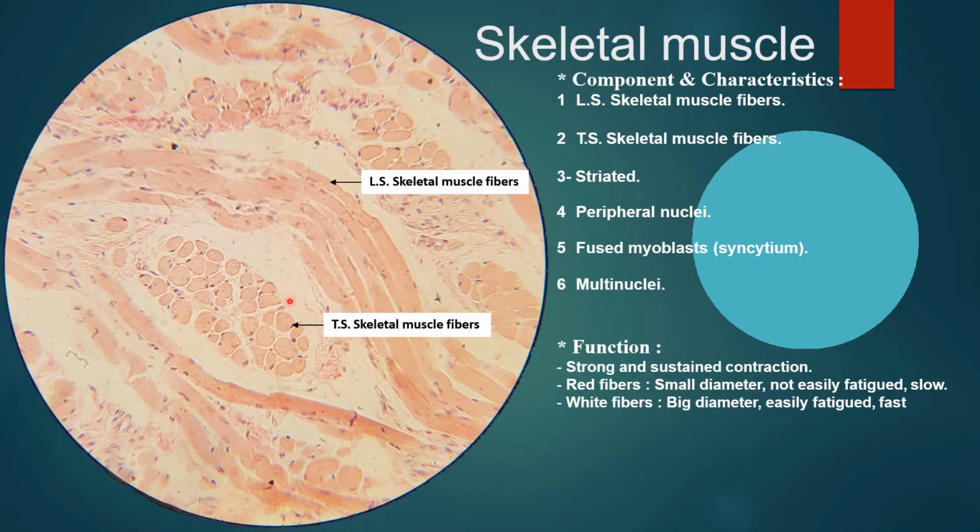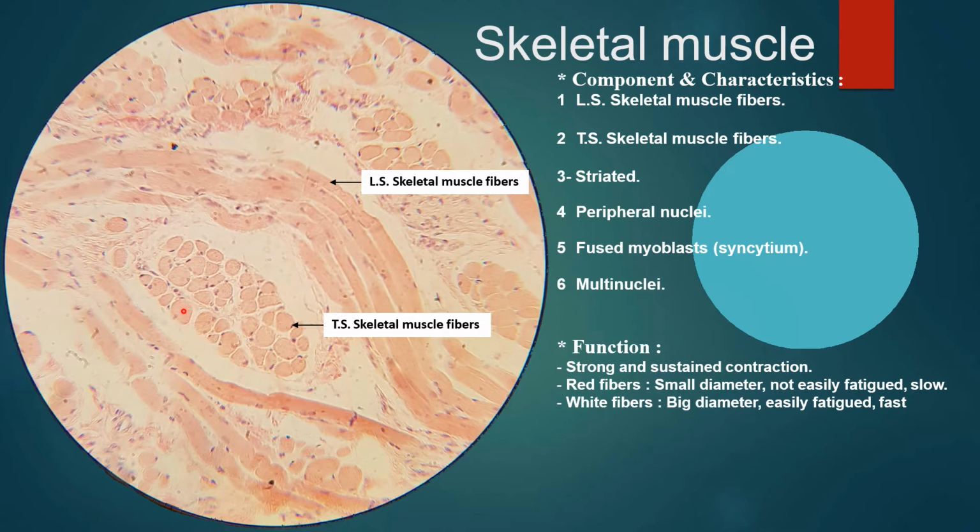So this is the section of skeletal muscle. This is the longitudinal section and this is the transverse section. In the longitudinal section we see the whole cylindrical fibers having multiple peripheral nuclei, while in the transverse section we see the cut section of the cylindrical muscle.